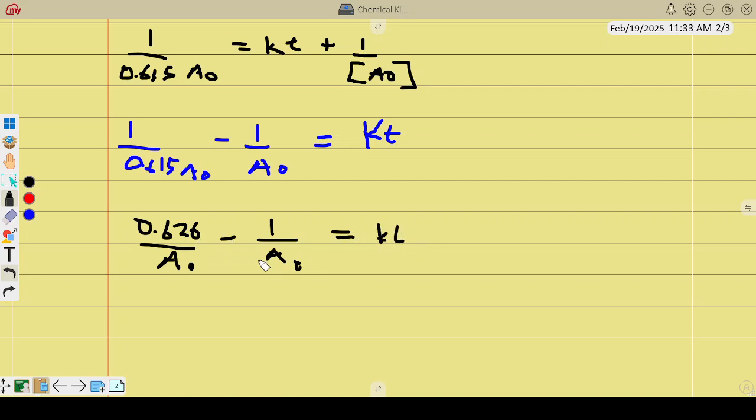Yeah, so here now, when you have the same denominator, according to the rules of operations, the common denominator is basically the same. We have A naught, and then you just subtract those two. Oh, okay, yeah.